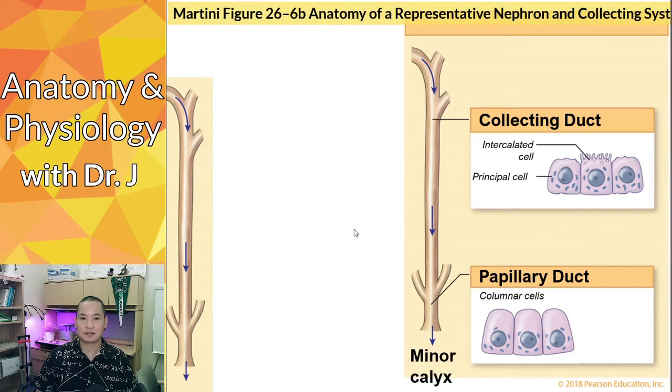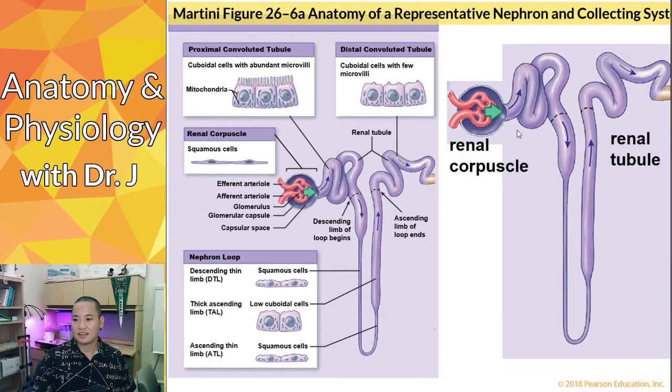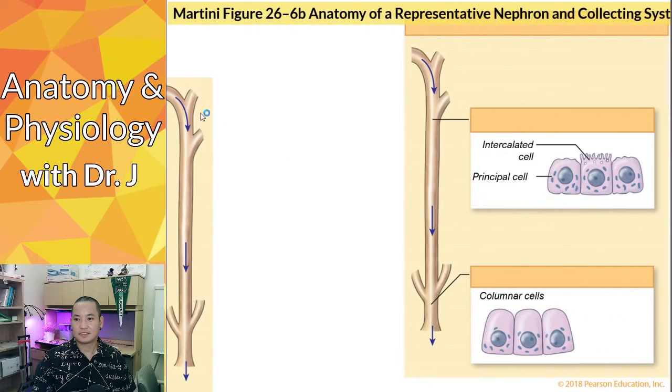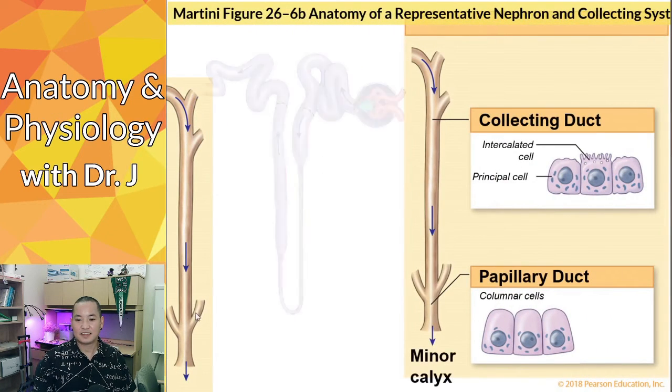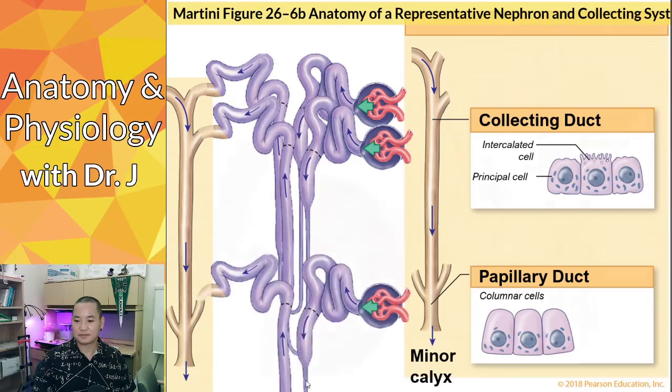So it goes to a structure called a minor calyx. We're not totally at the ureters yet, but this is where it ends up. Again, it goes from the corpuscle to the tubule, then to the collecting system, and this is where you start to excrete the urine.